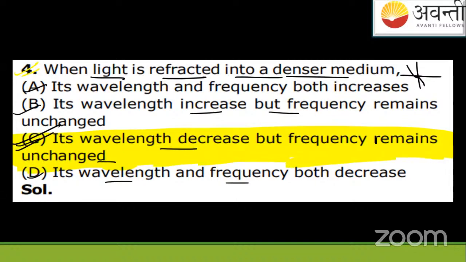Is it fine, students? Wavelength decreases, but frequency remains unchanged. Okay. Please reply in the chat box if this option is cleared.